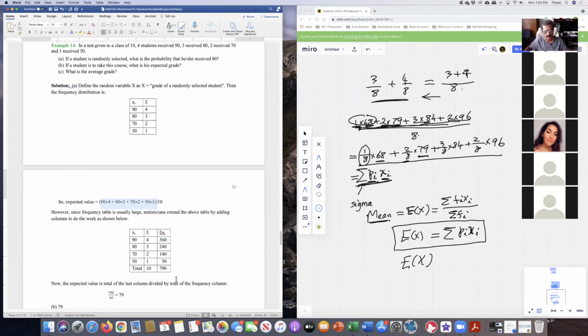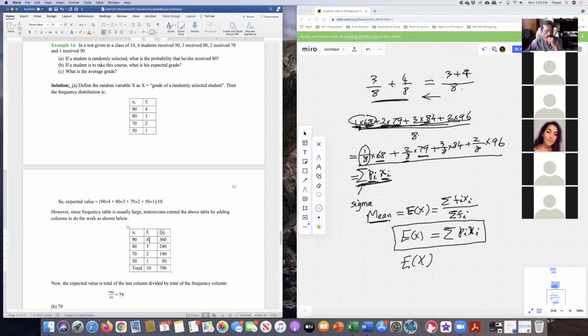You can do it that way. Or, in statistics, when the data is already grouped into a frequency distribution, like this table we have, we prefer to do the work in the same table by extending the table and creating another column called fixi.